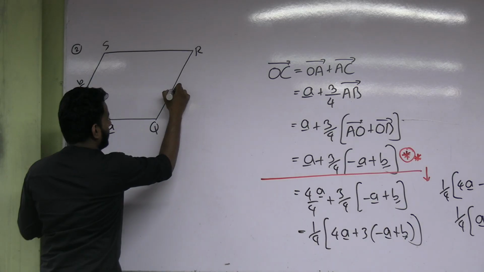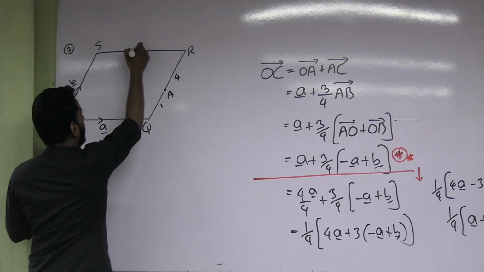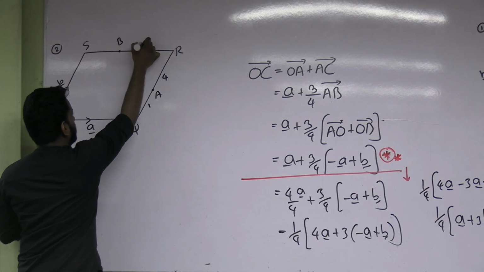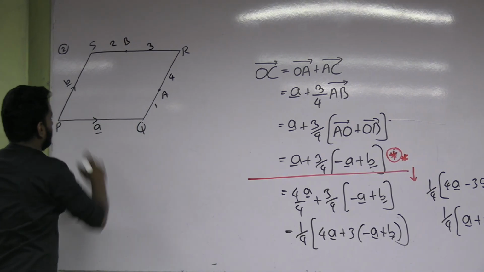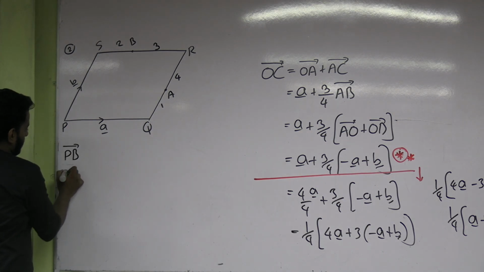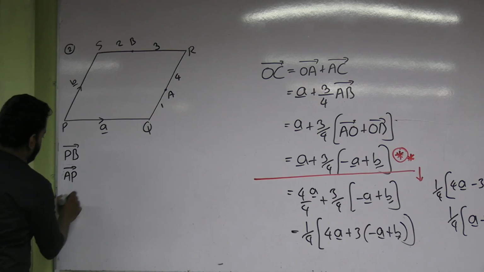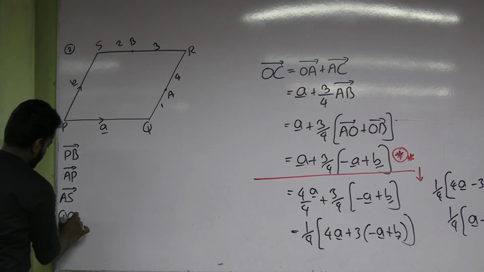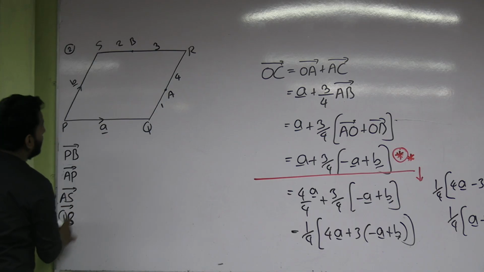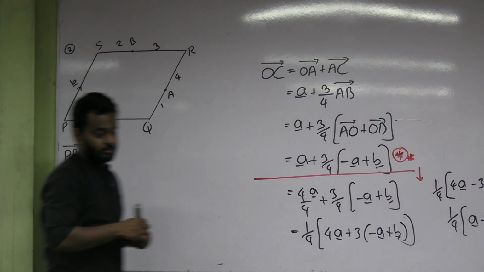And here we have a point A which is in the ratio 1:4 and a point B which is in the ratio 3:2. And you are supposed to find PB, AP, AS and QB and finally AB. So write this down.